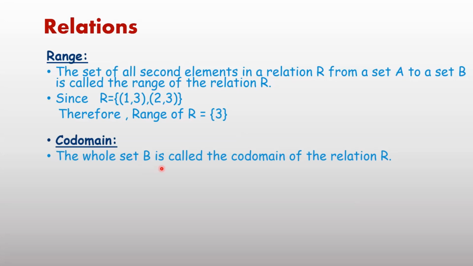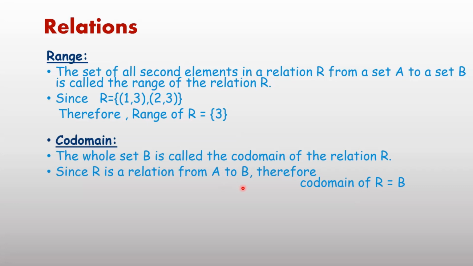Codomain means set B. If R is a relation from set A to set B, then set B is known as codomain of R. And one more thing, remember, the range of relation is always subset of codomain.